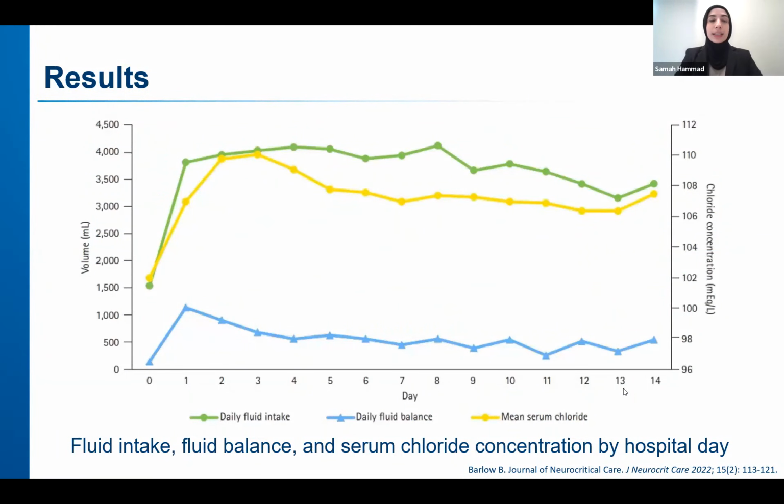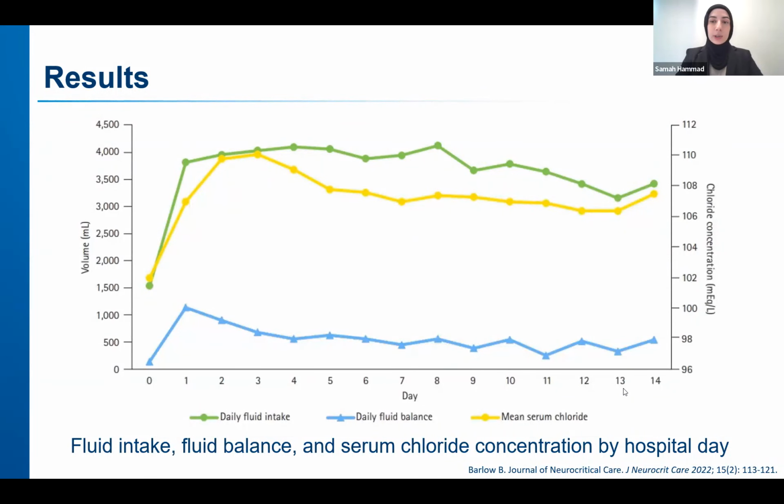This graph shows daily fluid intake in green, daily fluid balance in blue, and mean sodium chloride in yellow. We have the volume of fluid on the left-hand side and the chloride concentration on the right-hand side, and this is all plotted across the 14 days. As we can see, serum chloride mirrored daily fluid intake and overall daily fluid balance throughout the first 14 days of admission.